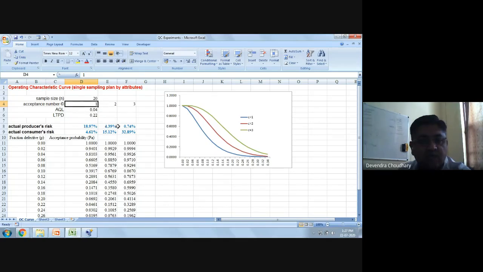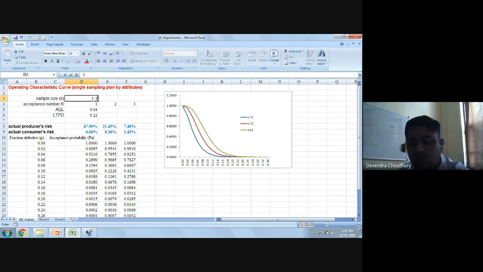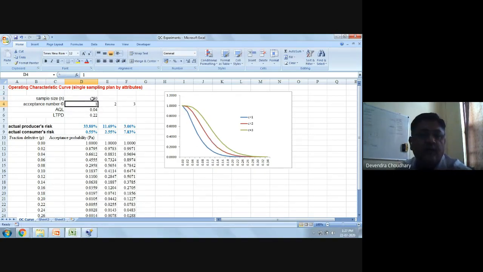producer risk has increased and consumer risk has decreased. Again, if I increase it and put 30, producer risk is increasing and consumer risk is decreasing. I can put 40, it is again increasing and further decreasing. So you can note that as sample size increases, producer risk is increasing and consumer risk is decreasing.